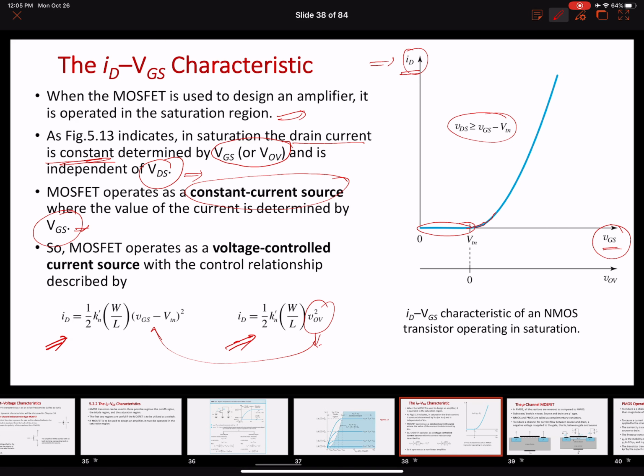We talked about the gate to source voltage and this voltage controlled constant current source, in which, based on the gate to source voltage, we can control the constant current provided by the transistor, because we are operating the transistor in the saturation region, and we are going to exploit this while designing the amplifiers.